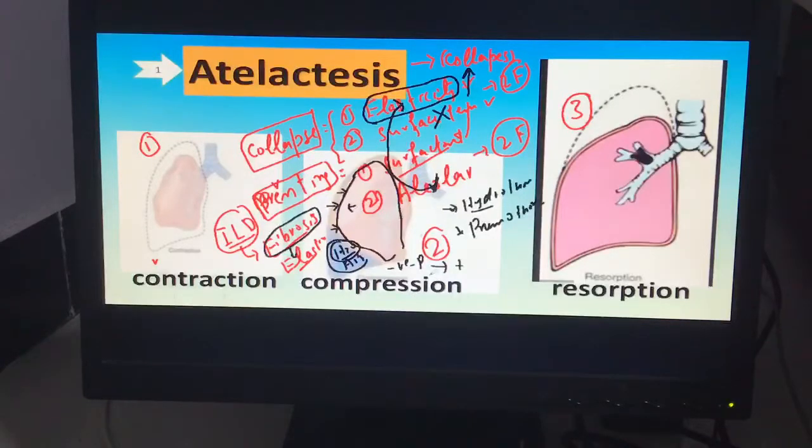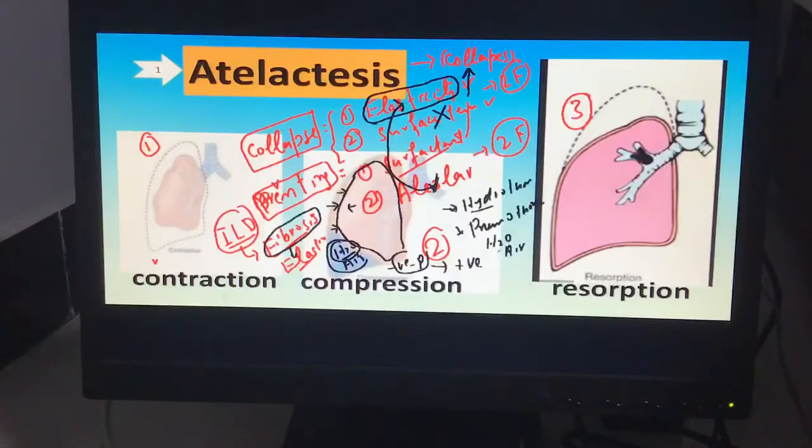In expiration, pleural cavity pressure increases and presses the lung, the alveolar pressure rises above atmospheric, and air comes out. In pathology, there is a lot of water and air inside the pleural cavity.